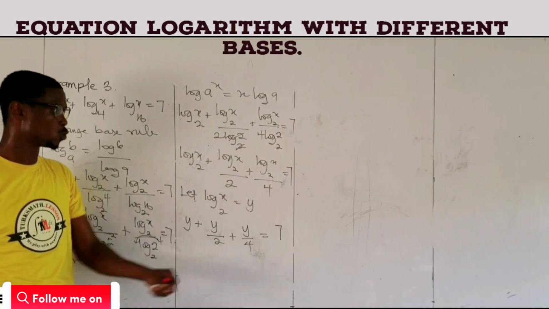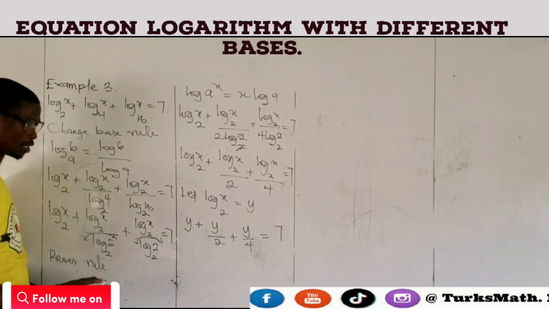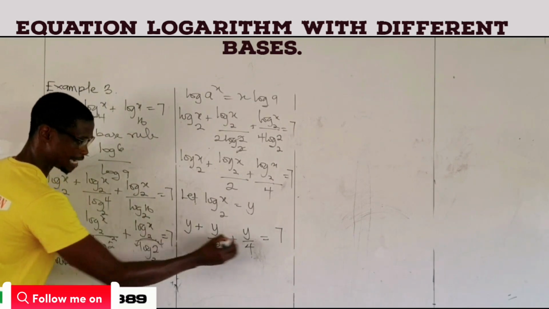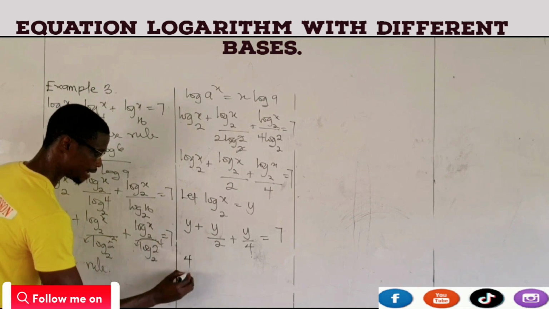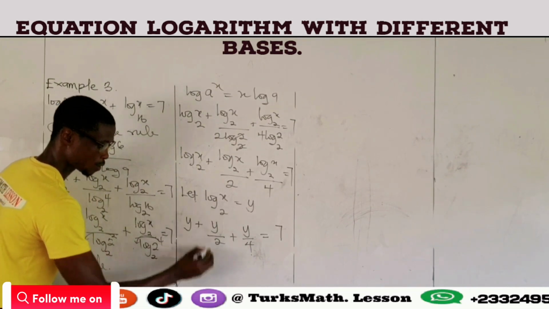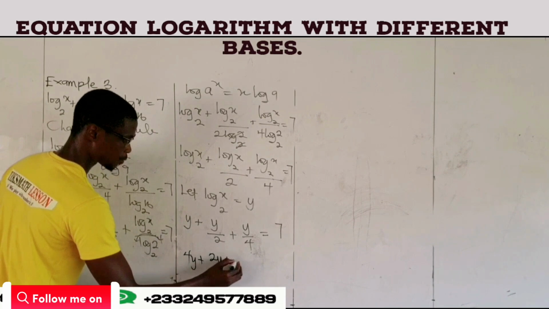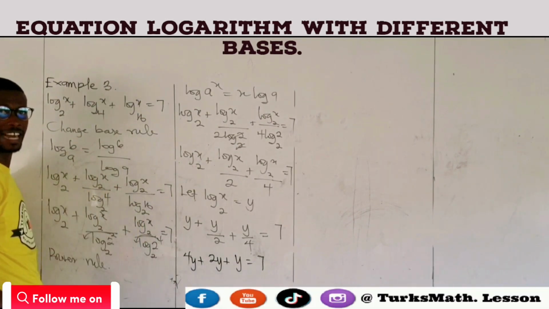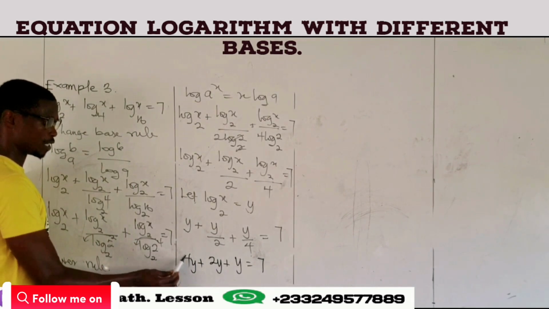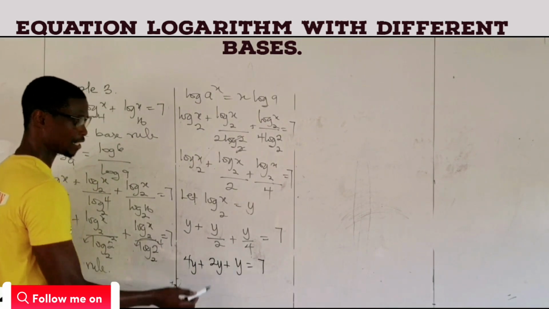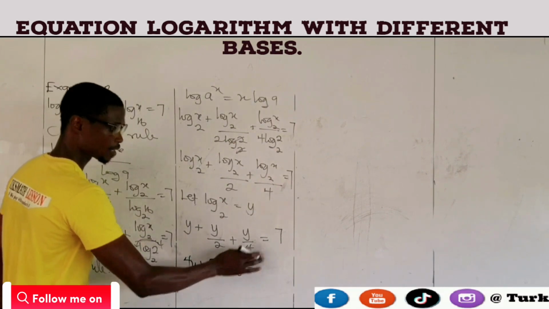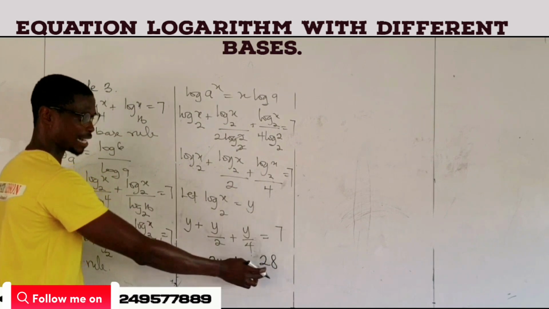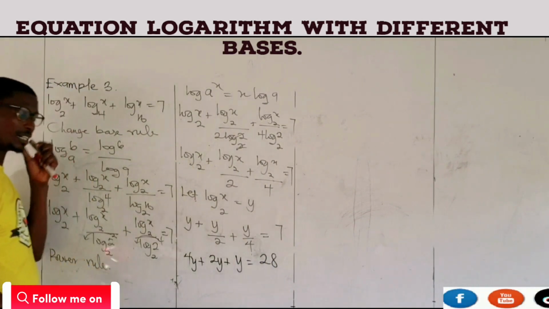So what's the LCM for 2 and 4? 4. So we have 4y plus 2y plus y equals 28. So 7 times 4 will give us 28 and not 7. Are you together?